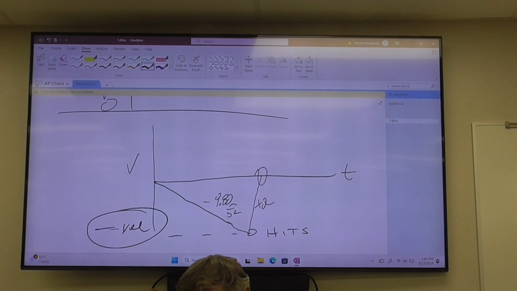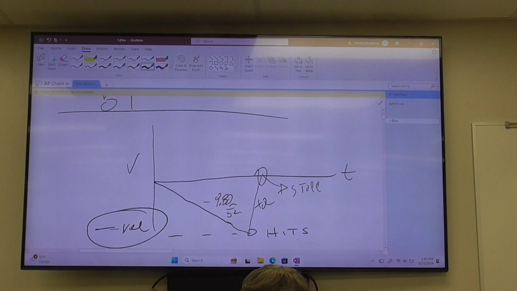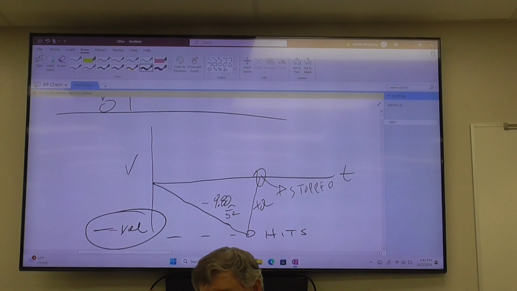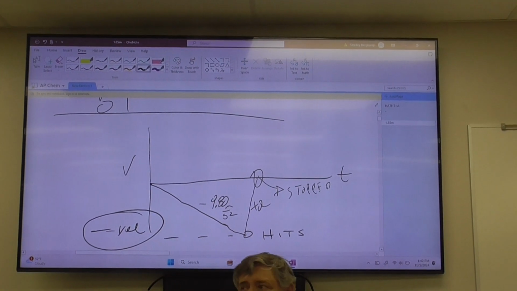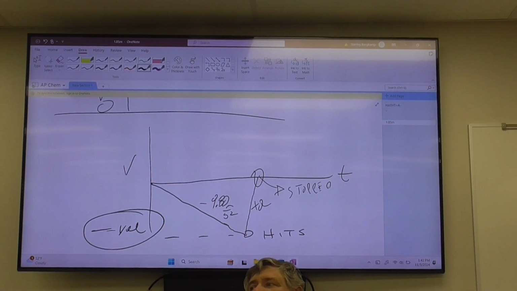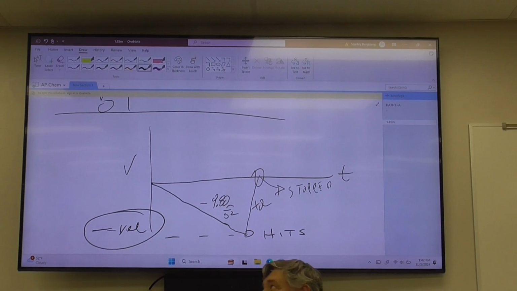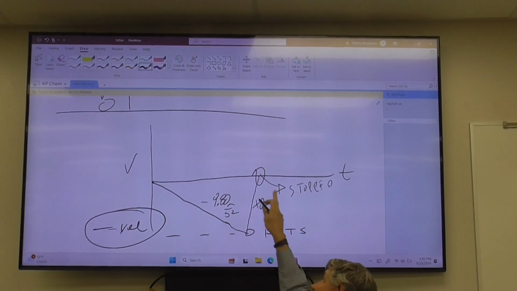Now, what's this line going to do? This is when it has stopped at the bottom. Now, what's that line going to do as it bounces up? You have 3 options. It could slope back down like this.